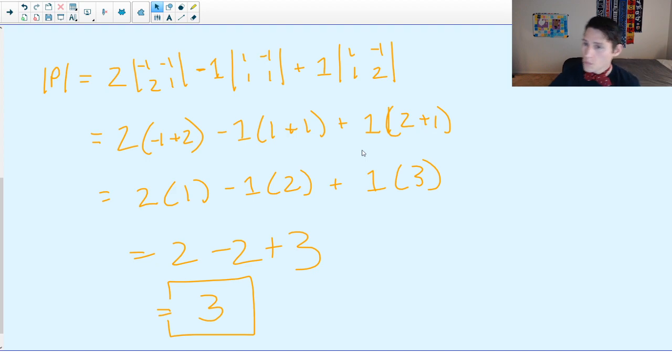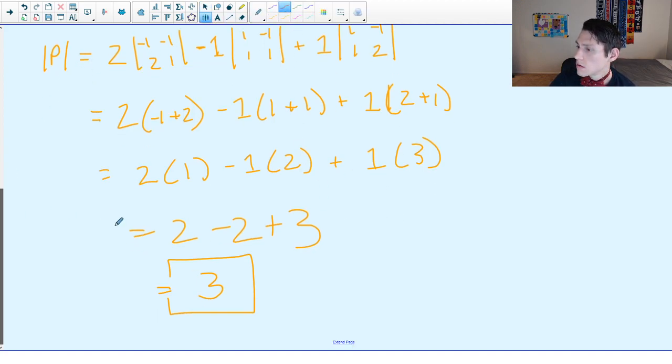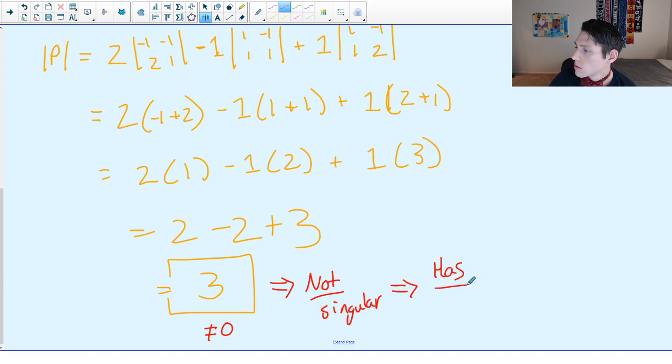Okay. Now, also remember what this means. If the determinant is 3, so specifically the determinant is not 0, which means that this is not singular, which means that our original matrix P does have an inverse.